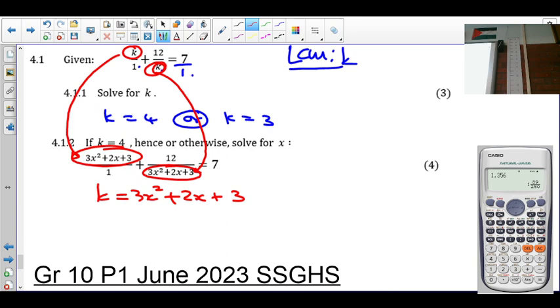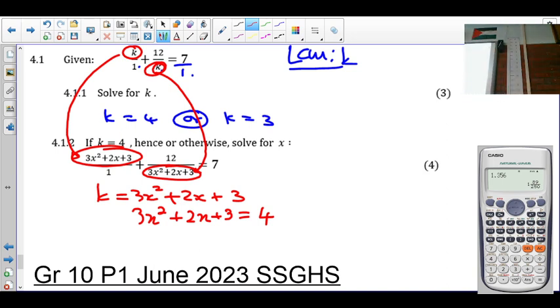Okay, so there's actually a link between k and that trinomial. You see that? So then what can we then conclude? If k is equal to 4 and k is equal to 3x squared plus 2x plus 3, then 3x squared plus 2x plus 3 is then indeed equal to 4.